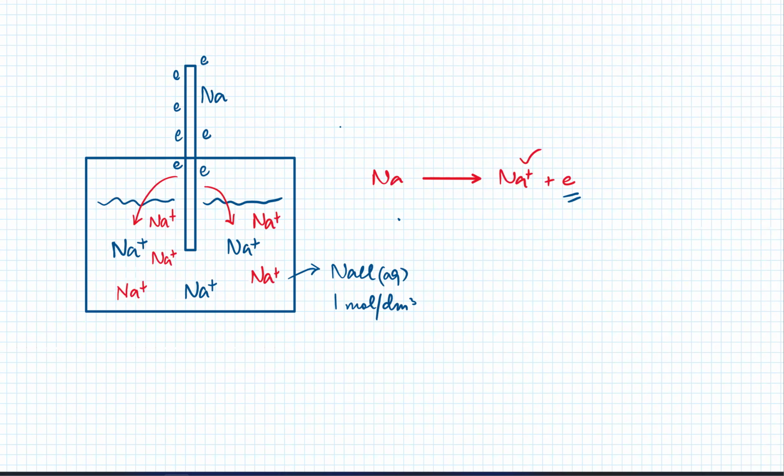So the negative charge of the delocalized electron cloud in the metallic rod increases. More and more electrons are getting produced, so sodium will dissolve even more. More sodium ions are going to get produced, and there's going to be more electrons on the metallic rod.